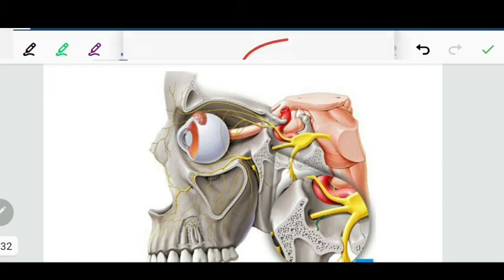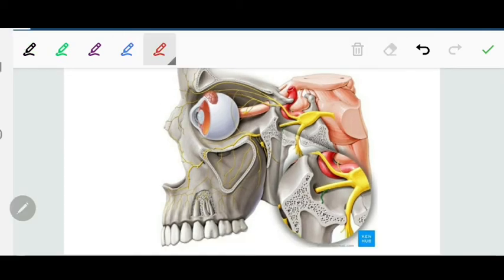The supply to the upper teeth as well as to the infraorbital skin are all by the infraorbital nerve and maxillary nerve. That's why the pain of the maxillary sinusitis is referred to the upper teeth and infraorbital skin due to the common innervation by the maxillary nerve.